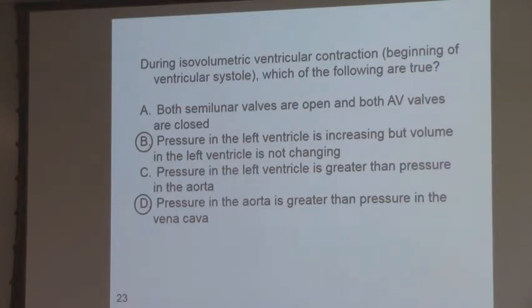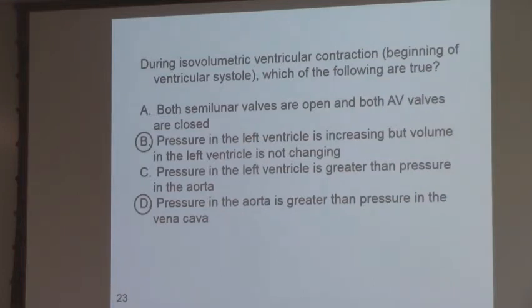Pressure in the aorta is greater than pressure in the vena cava. Well, it's true. The pressure in the aorta is always greater than the pressure in the vena cava. So that's a true statement. I didn't ask which of the following explains isovolumetric contraction; if I had, D would not be true.